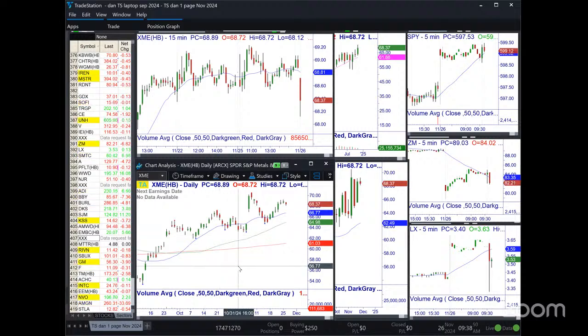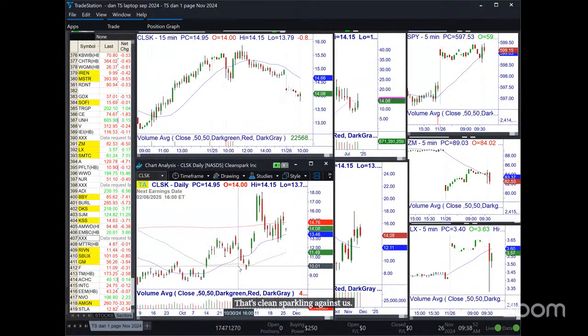This clean spark went against us. But I gave a big old stop and set a new alarm.